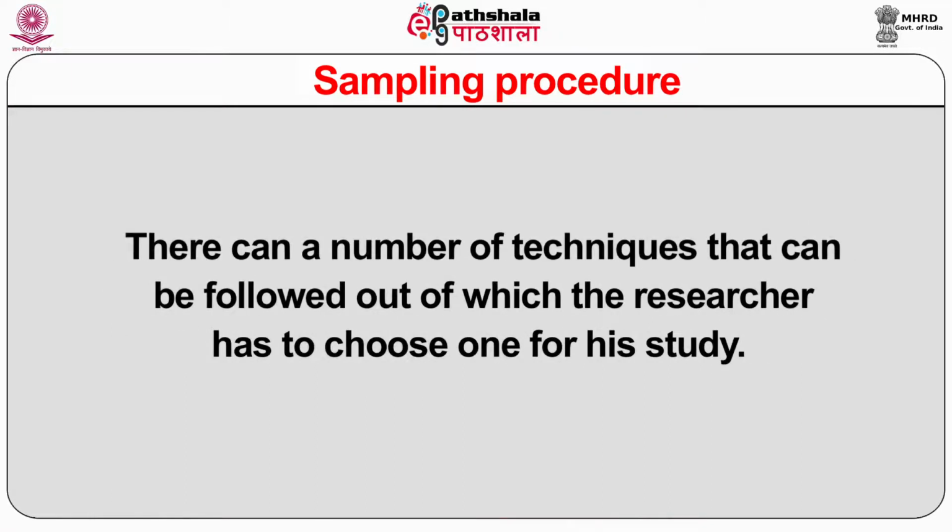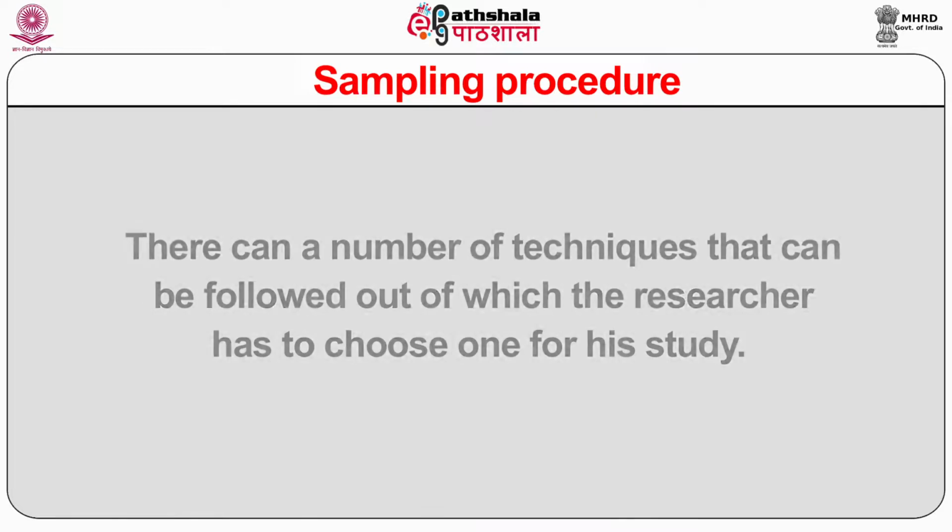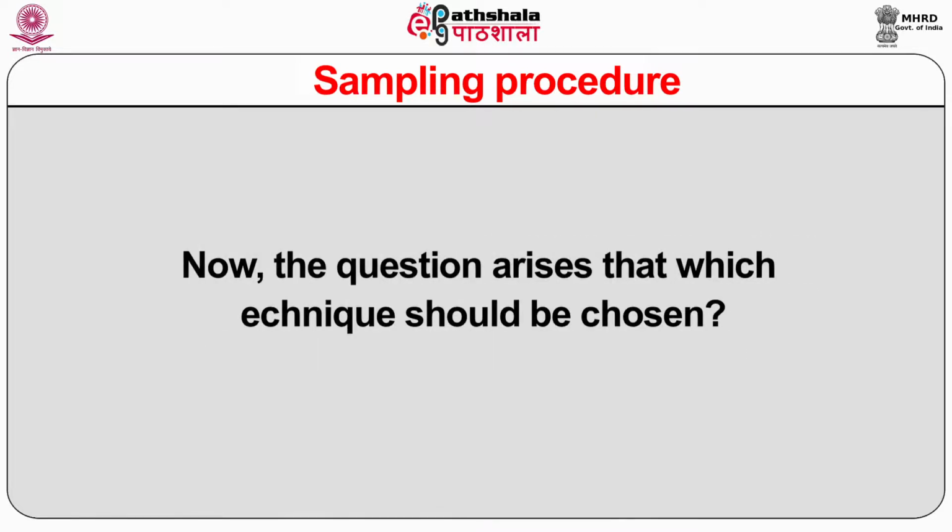There can be a number of techniques that can be followed, out of which the researcher has to choose one for his study. Now, the question arises of which technique to choose. It becomes important to choose only that technique that suits best in terms of applicability, feasibility, and costs involved, and that leads to minimum error in sampling.